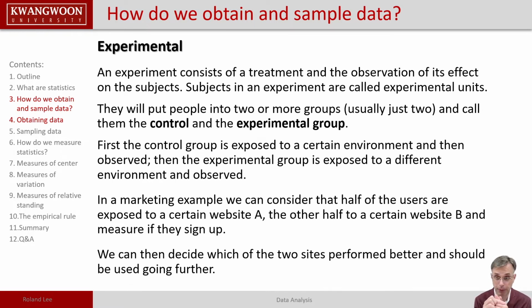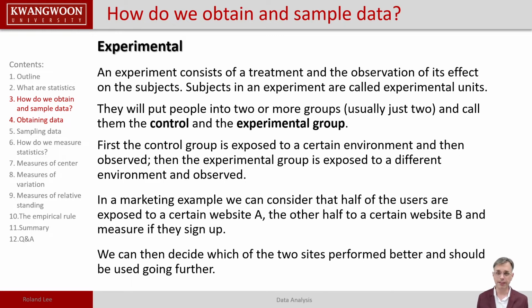The control group is exposed to a certain environment and then observed. Then the experimental group is exposed to a different environment and then observed. The experimenter then aggregates data from both of the groups and makes a decision about which environment was more favorable. Favorable is a quality that the experimenter gets to decide.